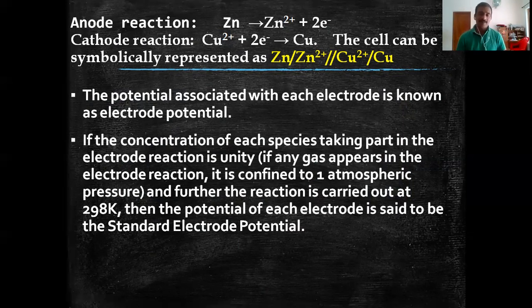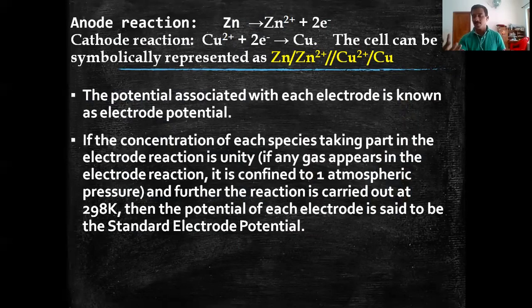Electrode potential. What is electrode potential? That is the potential associated with each electrode. It may be oxidation potential or reduction potential. What is oxidation potential? It is the tendency of an electrode to give electrons when it is in contact with its own ions. And what is the reduction potential?